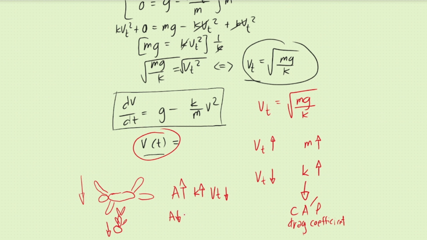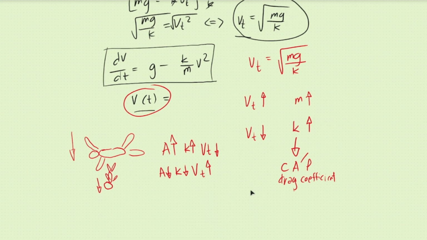If you're changing your position to head first, you're reducing the cross-sectional area, and so you're also reducing the k, because k is directly proportional to the cross-sectional area of the object in free fall. If you reduce the k, your terminal velocity increases. To decrease your terminal velocity, you spread out your body, and if you want to increase your terminal velocity, you go head first.